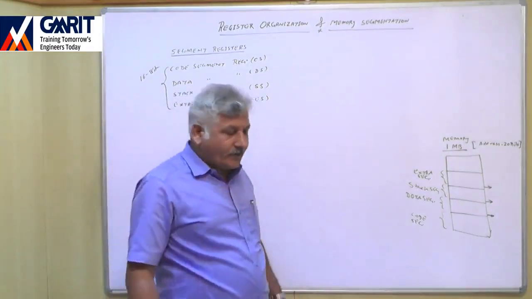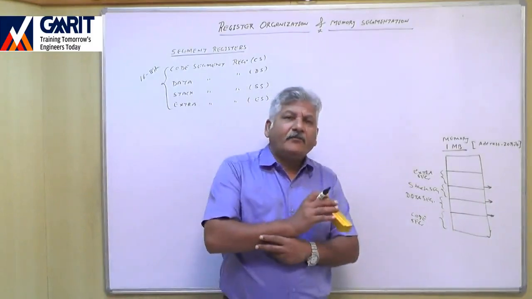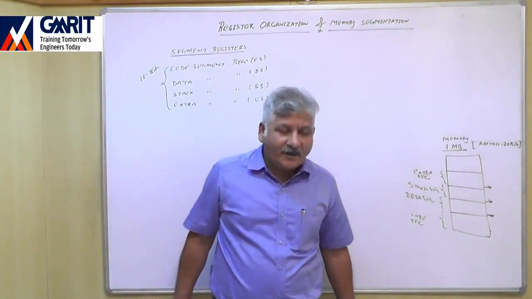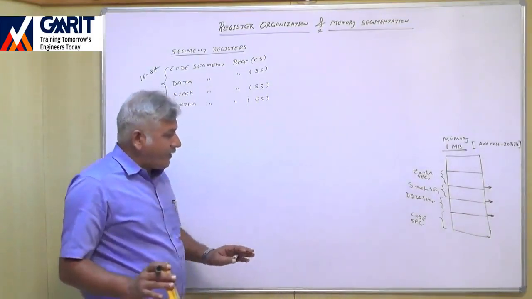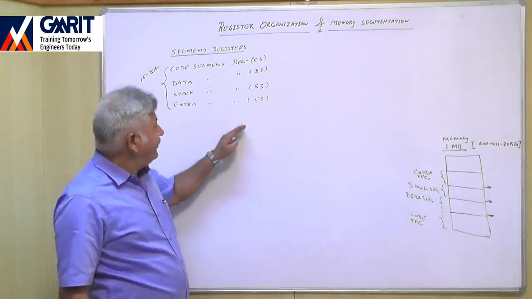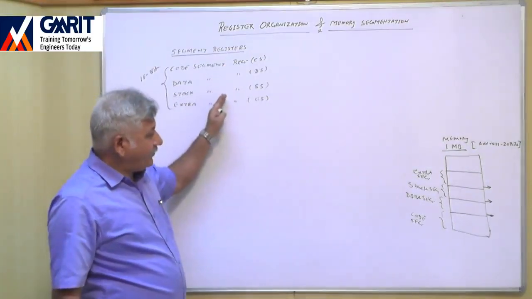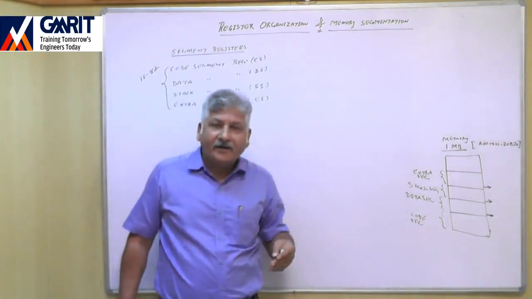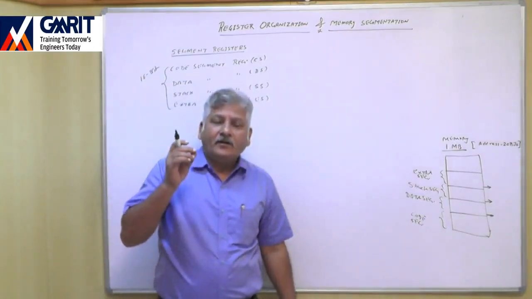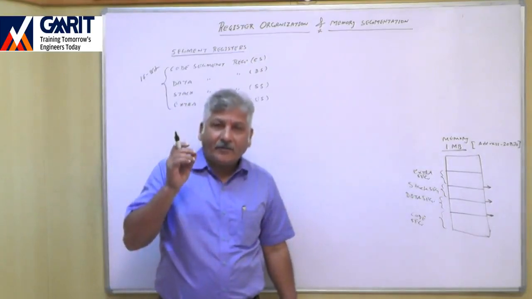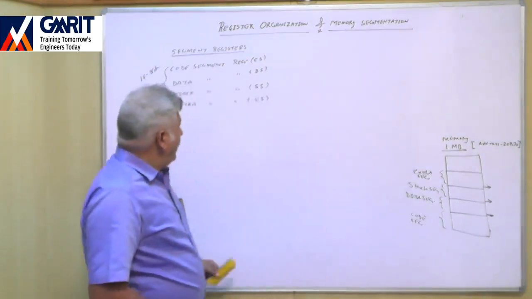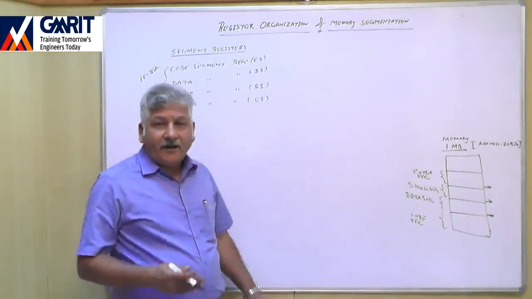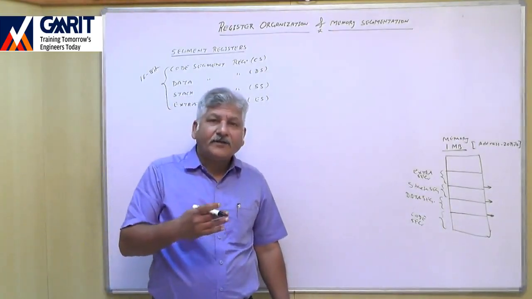How to do these calculations we will see in the next lecture. But right now, just understand that these registers are used to specify the starting address of a particular segment, they are 16-bit registers, and they are part of the bus interface unit.